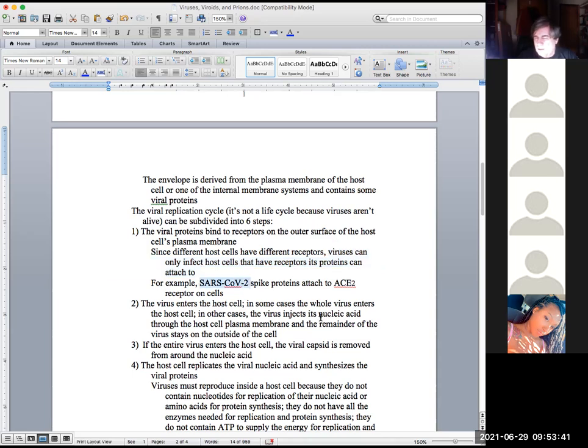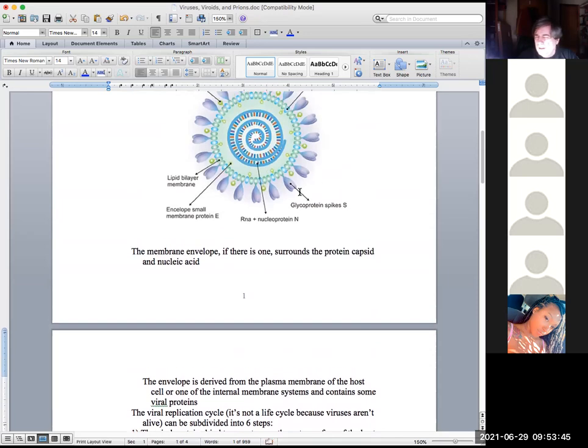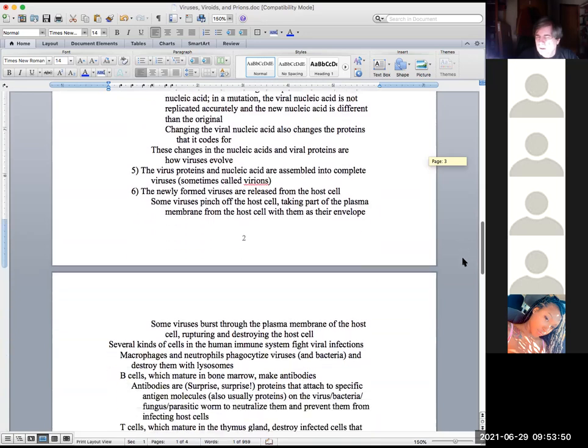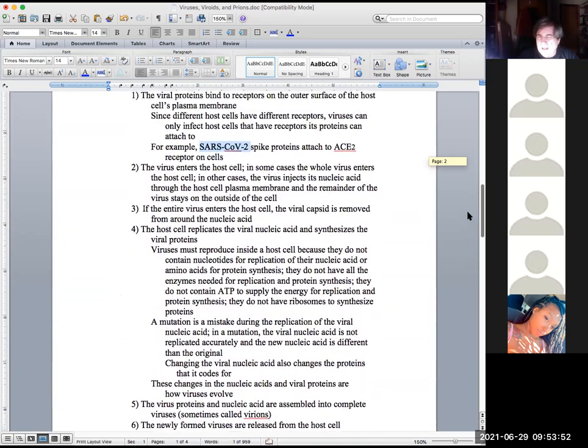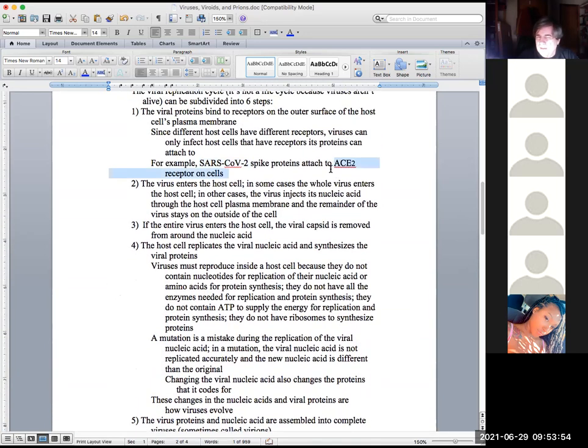So for instance, when we look at SARS-CoV-2, the spike protein has to attach to a protein called the ACE2 receptor. Now, that means it can't infect cells that don't have an ACE2 receptor. Unfortunately for us, lots of different types of cells in the human body have an ACE2 receptor.